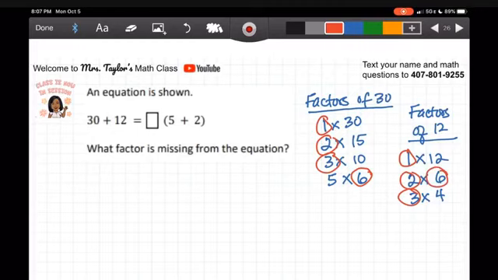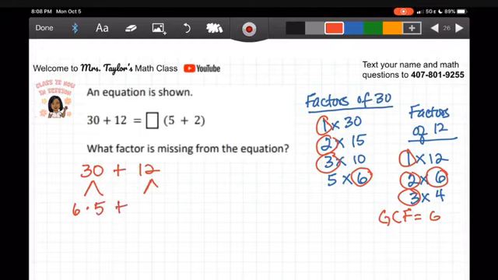So 6 is my GCF. So I can go over here, and if I'm breaking this down, like I did before, I'm saying 6 times 5 plus 6 times 2. And so I'm going to factor out the 6, and what's left over is going to be my 5 plus 2. So the answer to this question is going to be 6.